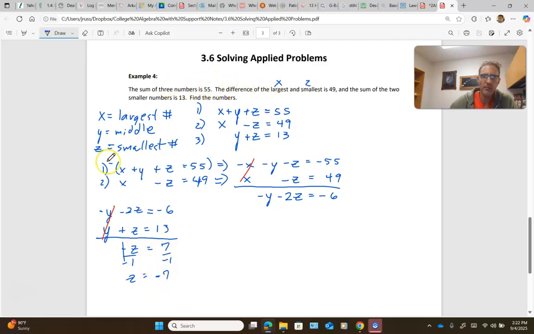So the smallest number, which z represents, could most definitely be a negative, and it actually is. That's the only way for all of these conditions in the problem to be satisfied. Okay. All right. So now that we know what z is, let's do some back substitution.